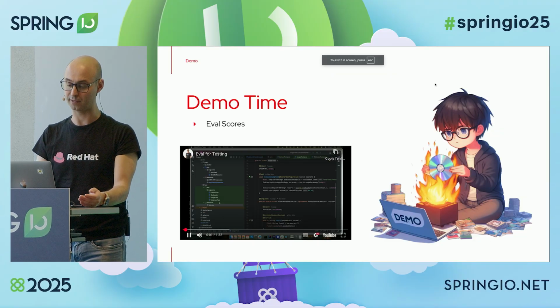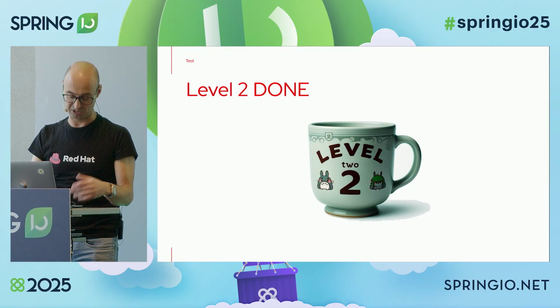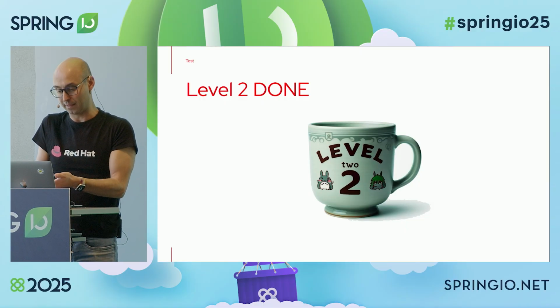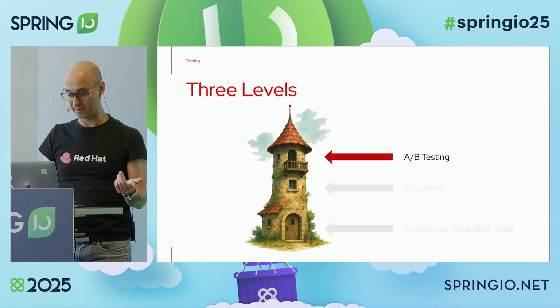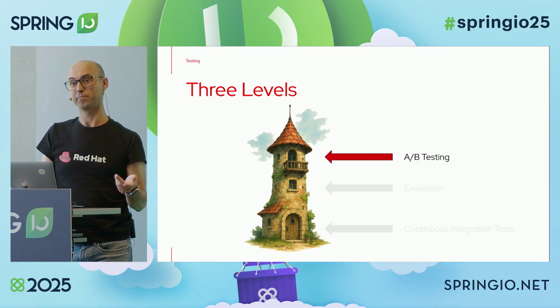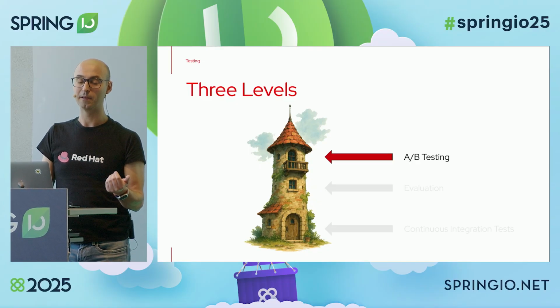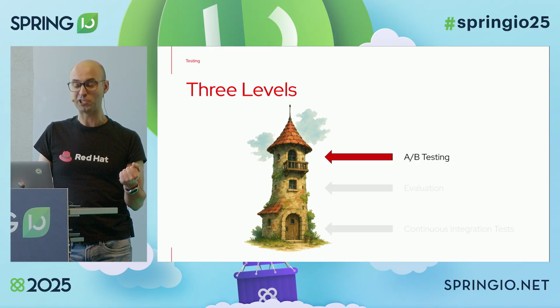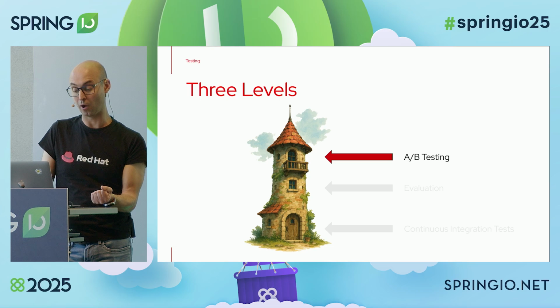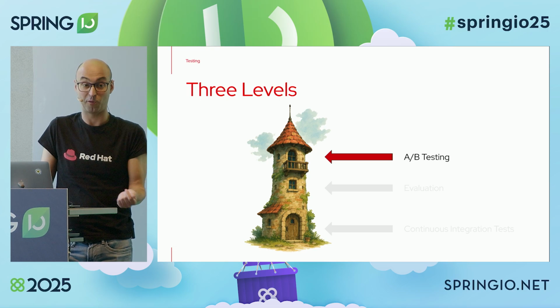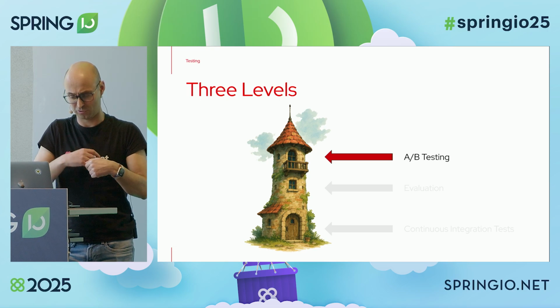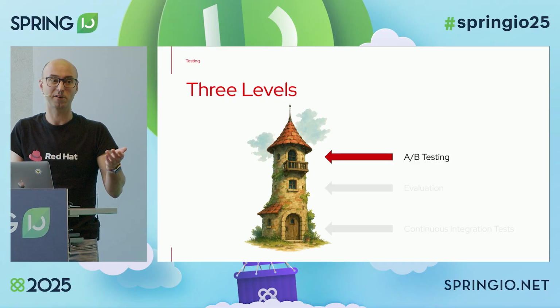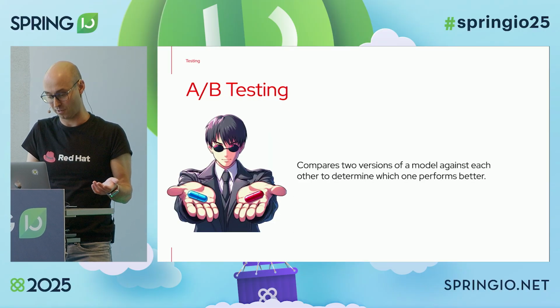The level 2. Okay, now these are tests that take a bit of time to run, but you still need them. Level 2 is done. Now it's time for level 3, which is like, okay, I know that this is a non-deterministic system, so I will still need to test in production what's going on, because I can write a lot of tests, but when you're in production, maybe it might start failing.